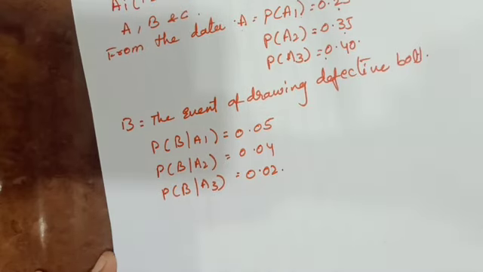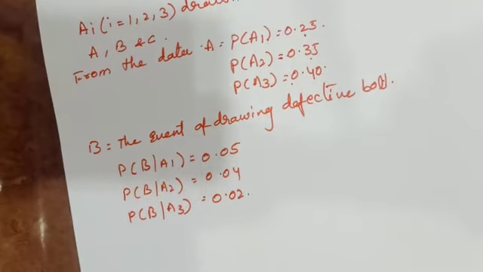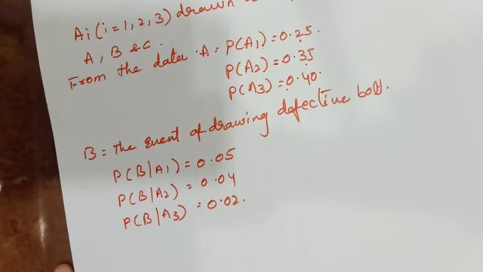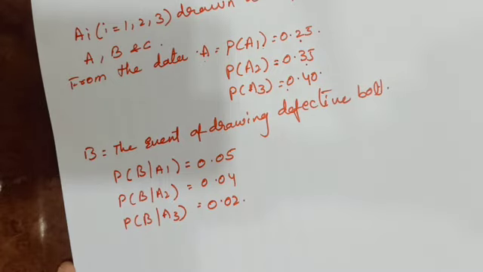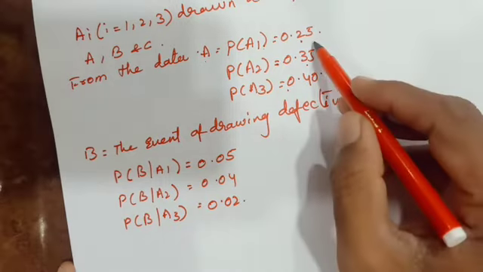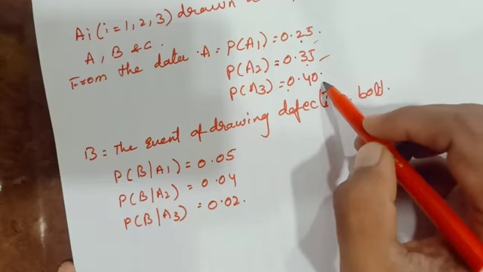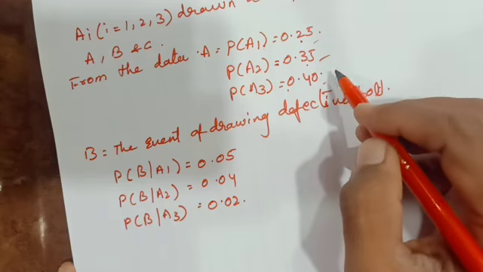So here we calculate the posterior. These are the prior probabilities we have: 0.25, 0.35, 0.40.